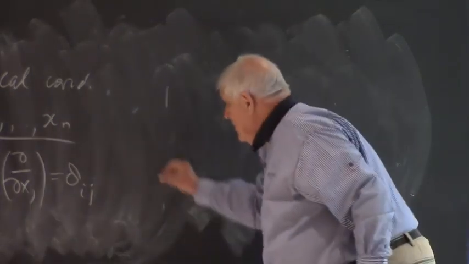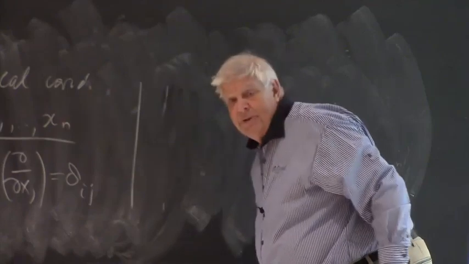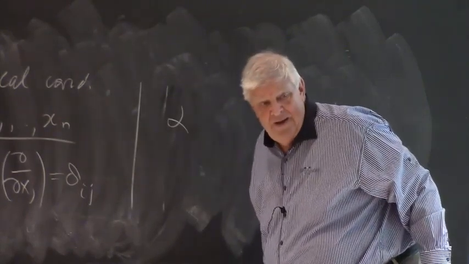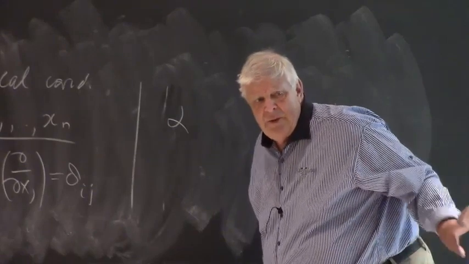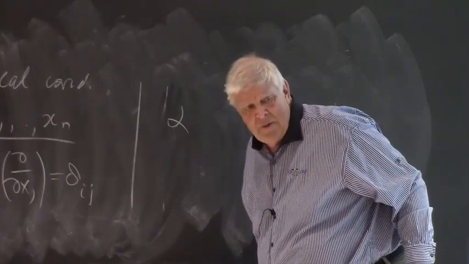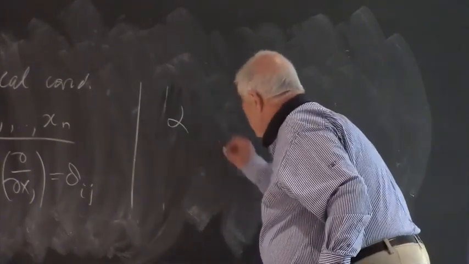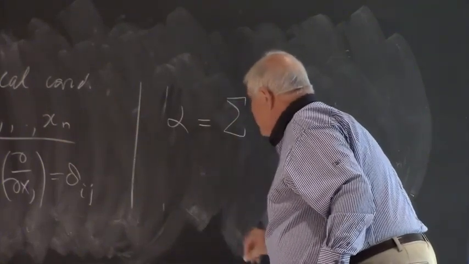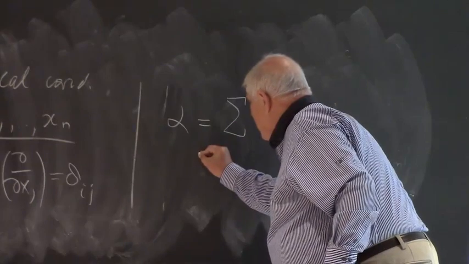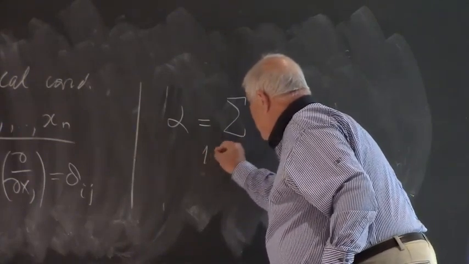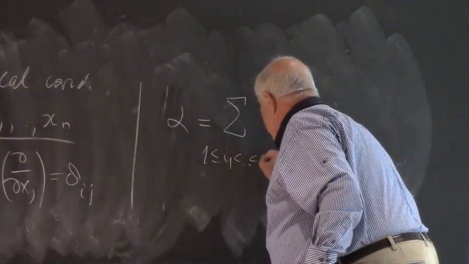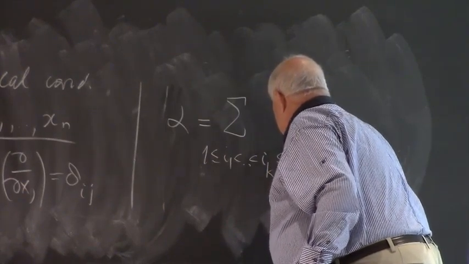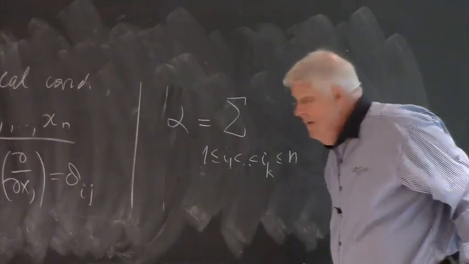By this reason, I can write that an absolutely arbitrary form alpha, I consider only within a domain of local coordinates, is equal to the sum, where k is the degree of this form.